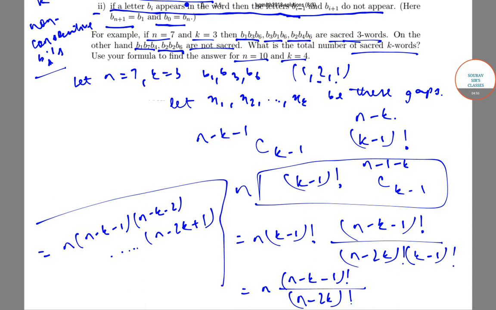Now for n is equal to 10 and k is equal to 4, on solving this, the answer comes out to be 600.